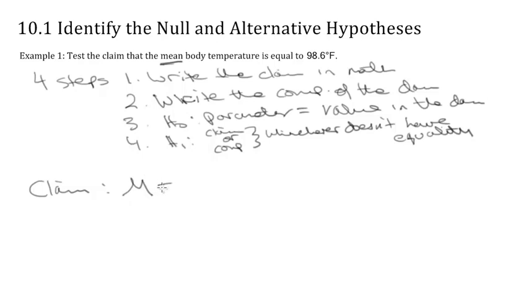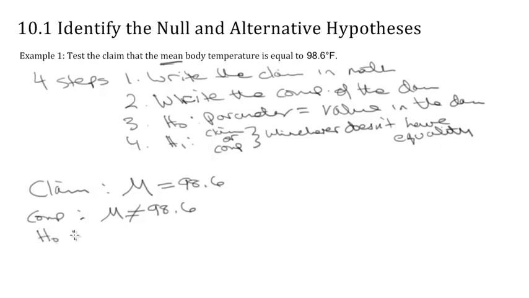In this case, it says equal to. So that wasn't so bad. What is it equal to? 98.6. Our complement will be all the cases that don't include the mean being equal to 98.6. And that will be the mean being any other number other than 98.6, aka not equal to.